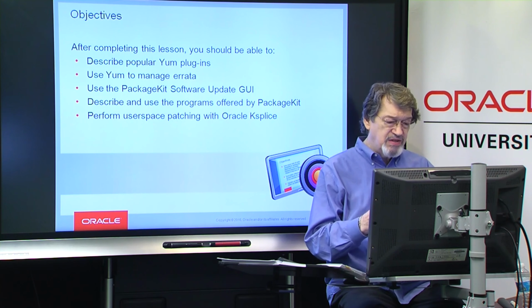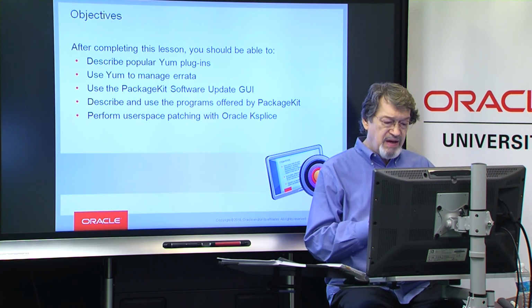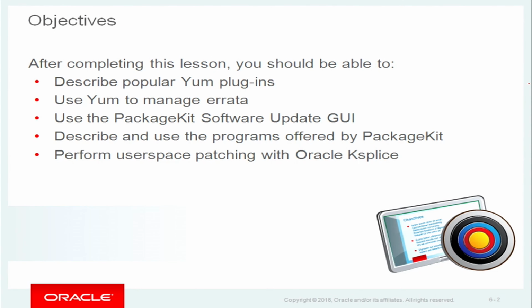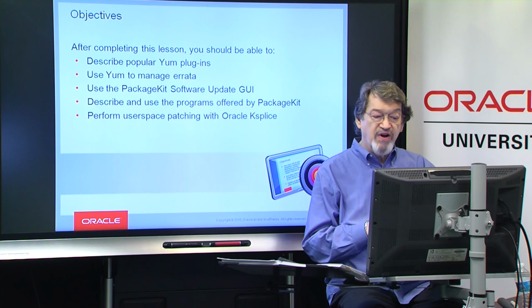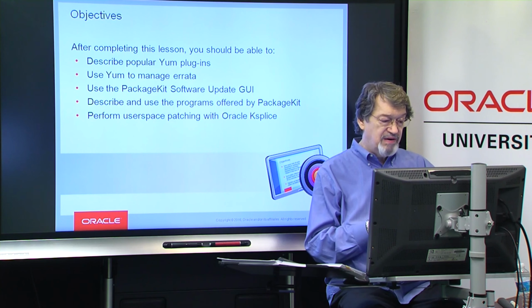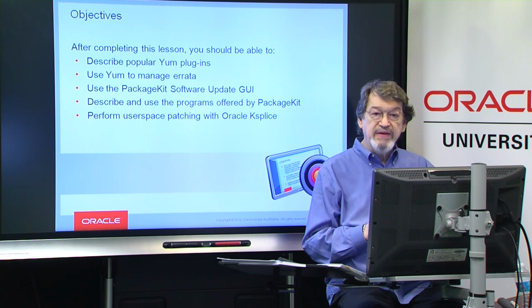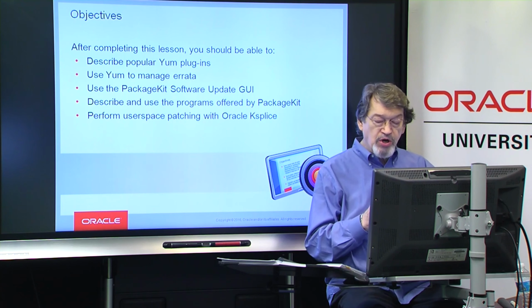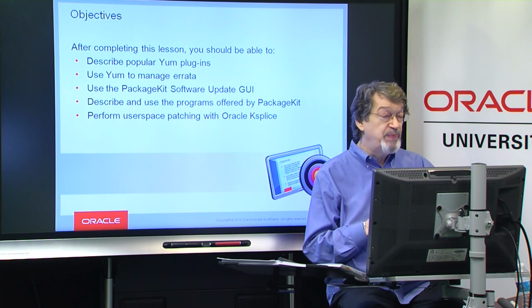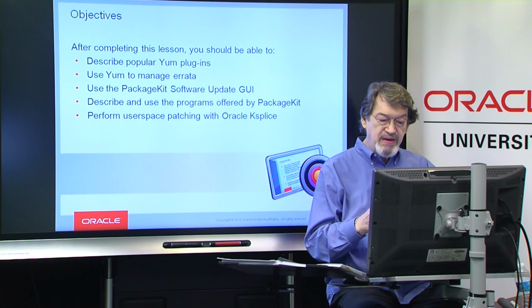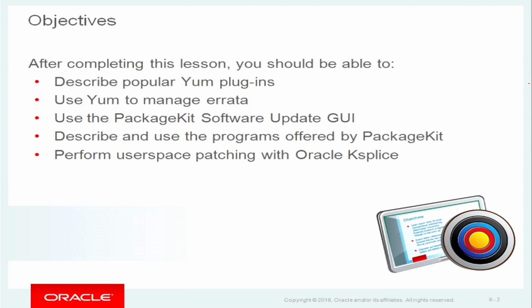We're going to start the PackageKit software update GUI. Now, once again, like some of the things in some of the other lectures, I'm not so sure that I'm a PackageKit software person. And then lastly, the kernel splice tool, Ksplice, has now been updated to do user space patching.